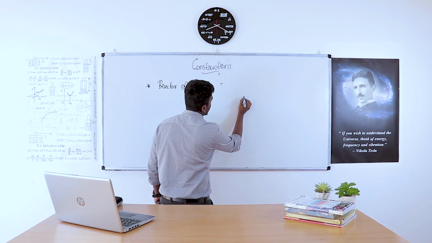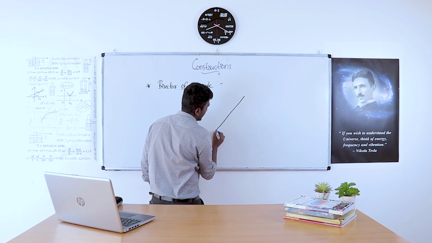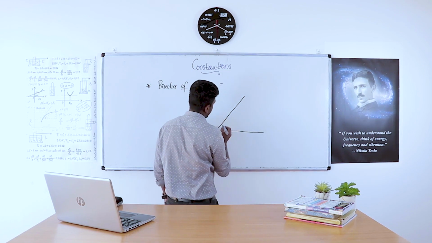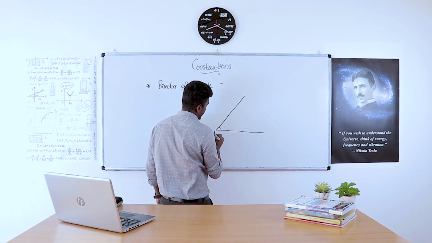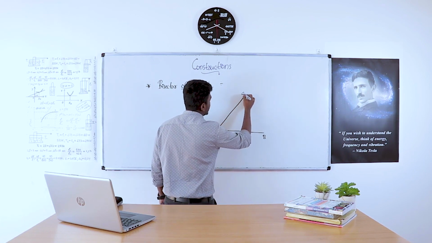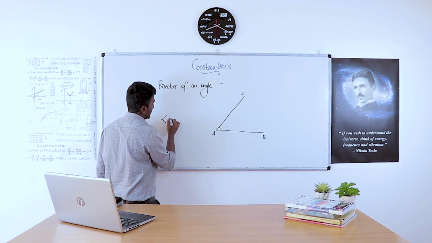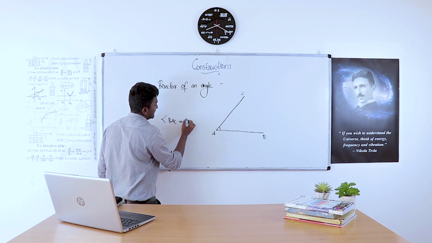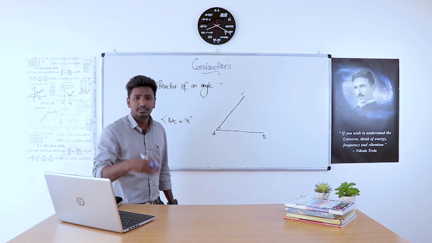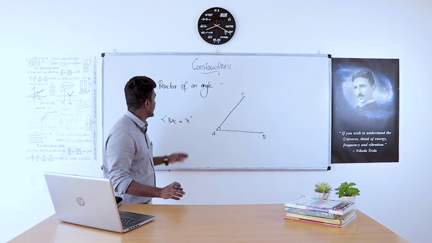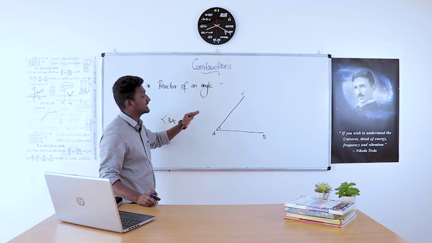Suppose we are given an angle. Let it be any angle. This is the angle. Let the angle be A, B, and C. And this angle BAC is equal to, let it be x degrees. Any angle, let it be 20, 30, 40, 50 or 60. We have to construct a bisector for this angle.